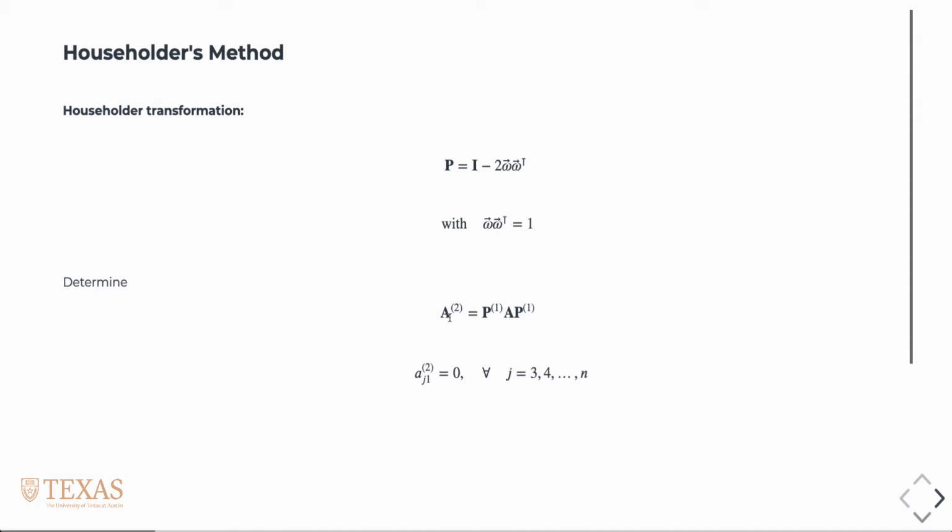And for the new matrix A, we require, and this is a constraint, that for all rows below 2, the first column, where this 1 corresponds to the iteration, will have all zeros.